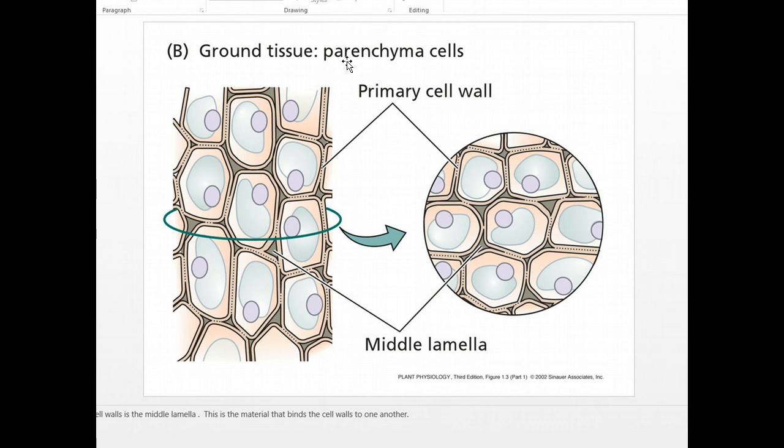It can change into a lot of different varieties of cells. So like I said, if you take that mint plant and you take a razor blade and cut out a little bit of the corner, the first thing that's going to be produced there is parenchyma cells, and then those parenchyma cells will differentiate into xylem and phloem and whatever else is there, okay?